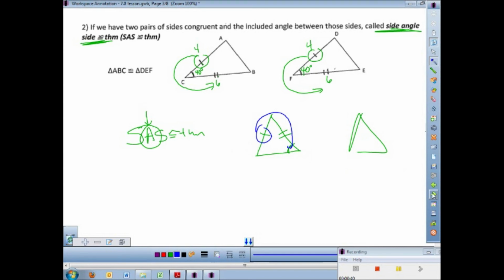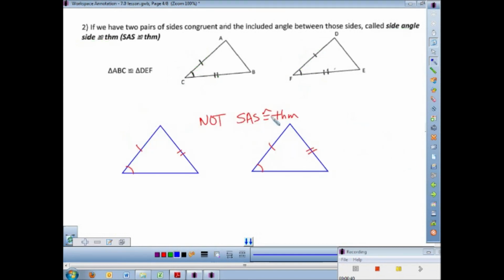Here's also another one that is not side-angle-side, and people go, well, okay, what if you went from here, let me use a different color. What if you wanted to go from this double arc mark around this way, Mr. Fonesteel, and said I want side, angle, side? This doesn't work because of this fact. Look at how many things you skipped over. You can't skip 2 things in a row. Like if I went around the clock this way, isn't it true that I skipped over this angle right here?